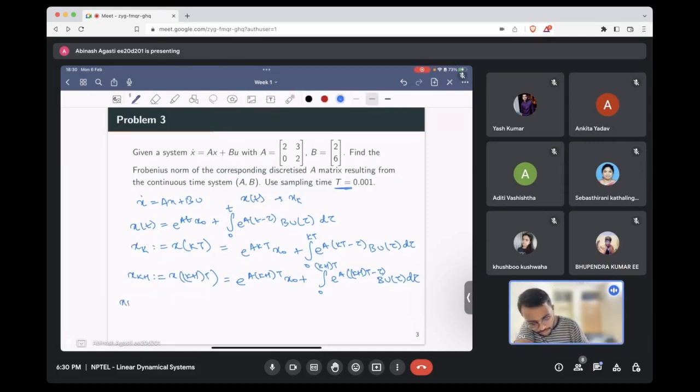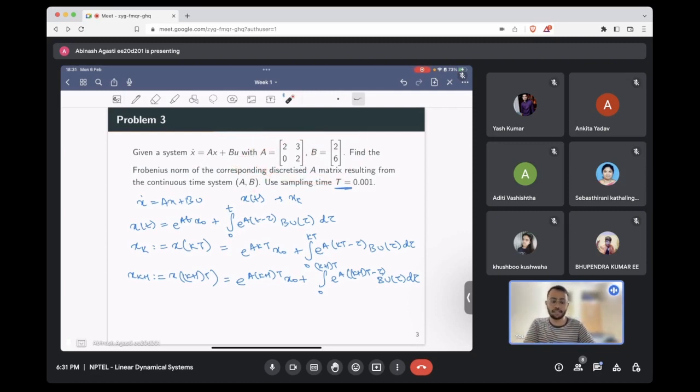Some form of x of k plus 1 is equal to some function of x of k or any such kind of relation. So for those who have joined just now, what we are trying to do is, we have a continuous time linear LTI system with given A and B matrices. We want to find the norm of some discretized A matrix resulting from the continuous time system. Okay, so we have this continuous time system.